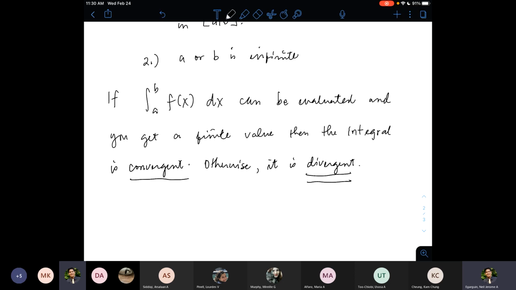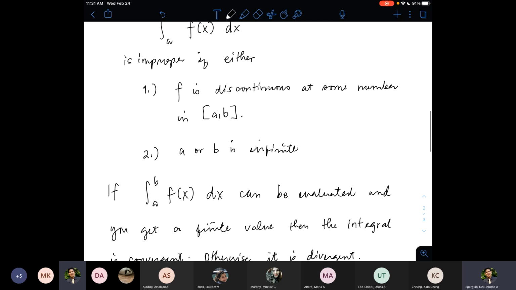Josh says, is it still improper if the bound itself is discontinuous? I think, Josh, you're referring to if the integrand is discontinuous at one of the bounds. And if that's the case, then yes, the integral is still improper if it is discontinuous at one of the bounds. That's why I put here it's discontinuous on the closed interval AB.